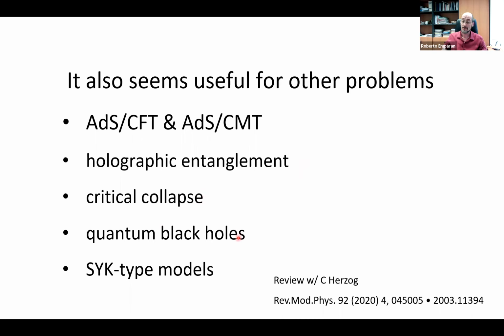Also, quantum properties of black holes at large D. This is something that hasn't been studied as much as I think it deserves. And then, using the connection I mentioned between large D limits and statistical mechanics, there are connections to SYK type models that I think also deserve more attention.